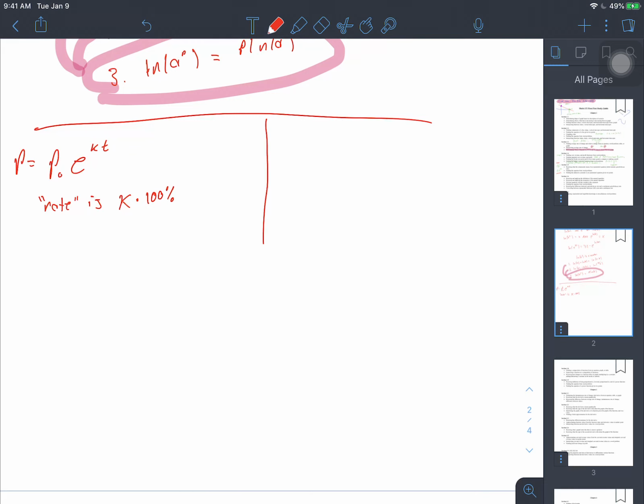And in the other case, we had P equal to P naught a to the t, and we said that a is equal to 1 plus r, and the quoted rate was just r times 100%. The key thing to know is that if we compound continuously at 7%, it's not the same as compounding annually at 7%. They'll be similar in most cases, but not identical.